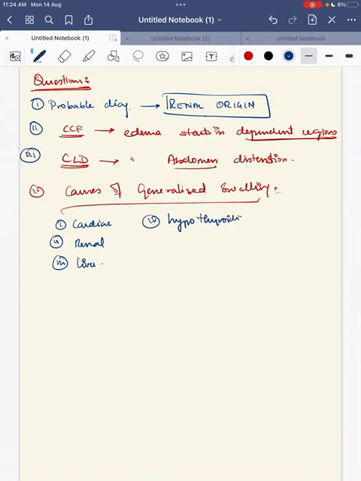Fourth will be hypothyroidism. In a child with hypothyroidism, the child can have the presentation of myxedema and can have a generalized swelling. Fifth, when the child presents with anemia, the child can go into congestive cardiac failure and have generalized swelling. Next, when the child has a protein losing enteropathy, the child can have generalized swelling.